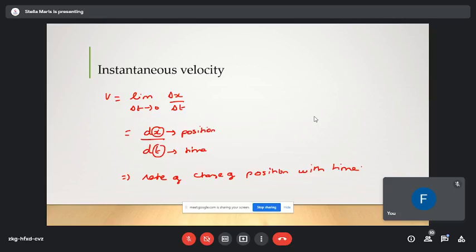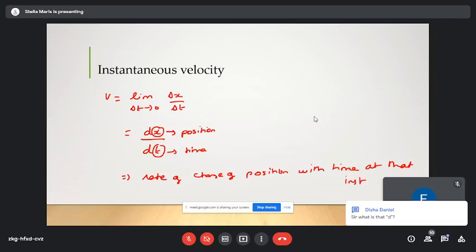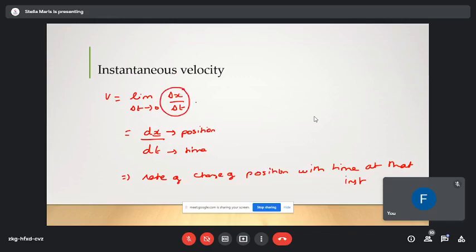So you guys remember this, what we have seen in the last class? Rate of change of position with respect to time, actually at that instant. So I have written dx by dt. There is one d; we are differentiating the position with respect to time. What do you mean by this, Disha?